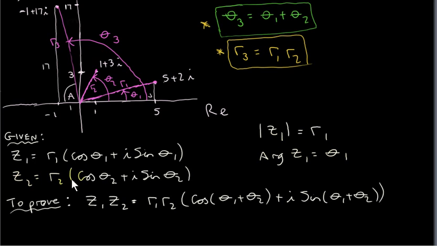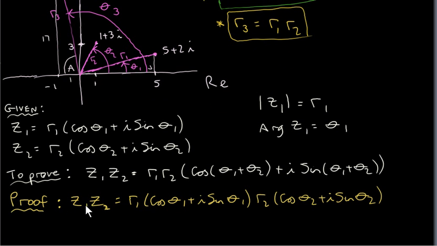Z2 is any other complex number. Its argument is theta 2, its modulus is R2. So we want to prove that Z1 multiplied by Z2 is got by multiplying the moduli of the two complex numbers, and the argument of the product is the sum of the arguments of Z1 and Z2.